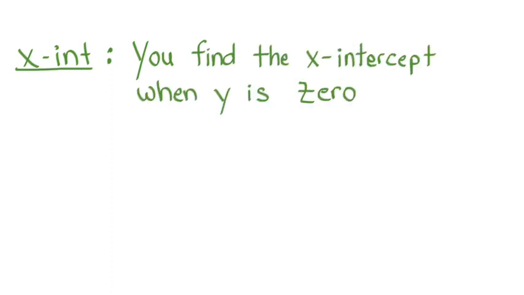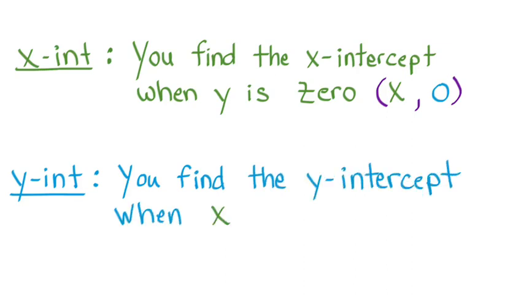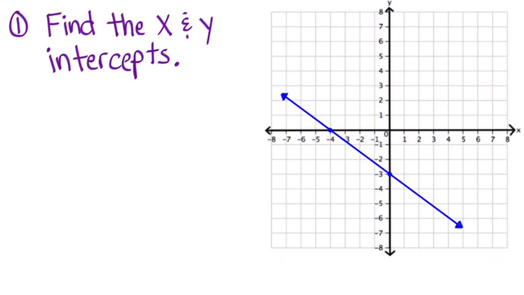So let's remind ourselves of this again. You find the x-intercept when y is 0, right? And you find the y-intercept when x is 0. So let's go ahead and find our x and y intercept using a graph.